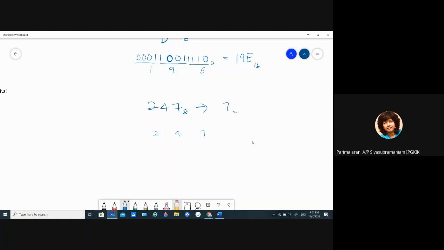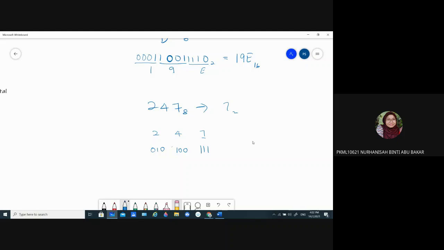Now each digit is replaced by the equivalent binary number. 7 is equal to 111. 4 is 100. 2 is 010. 0, 1, 0.